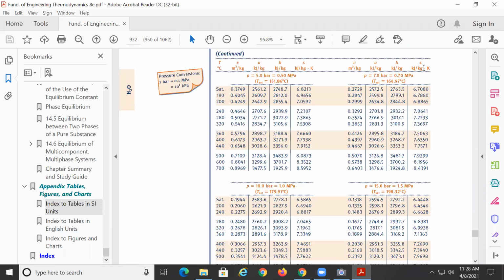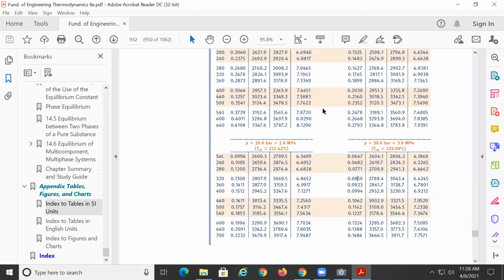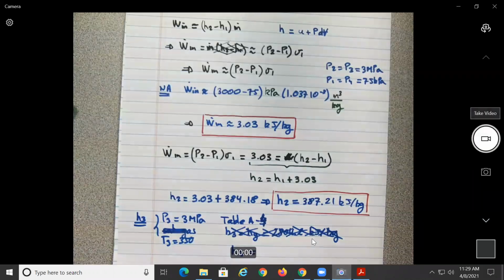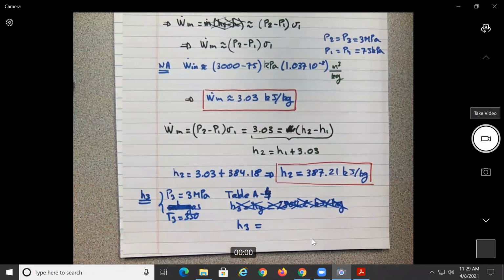I think we're gonna need H and S. So it's the last two values. So 350 between 320 would be all these values here. Okay. So there we go. All right, so forget about this H3 here. We need to interpolate.